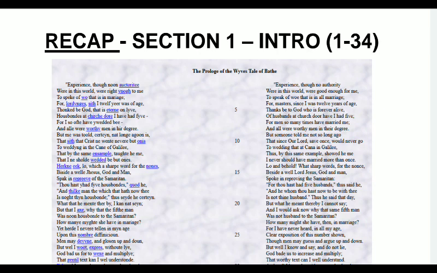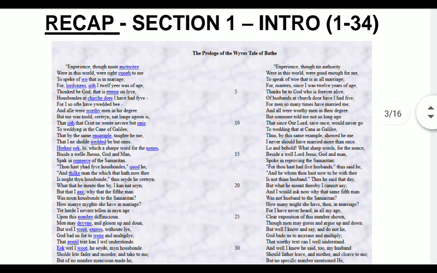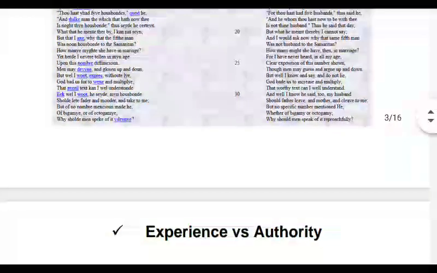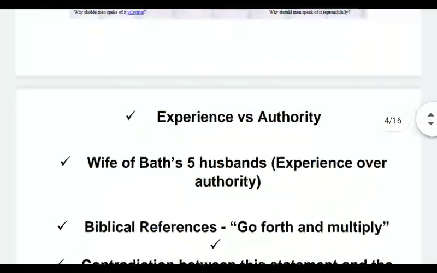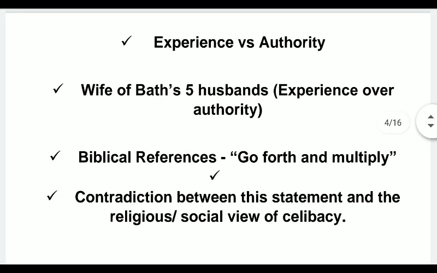The first is section 1, that is the introduction of the first part, which is roughly lines 1 to 34. And here the first thing you have is this experience versus authority that Wife of Bath tells us about. And we are introduced to the character Wife of Bath, and we know that she has 5 husbands, and that is from where her experience comes from.